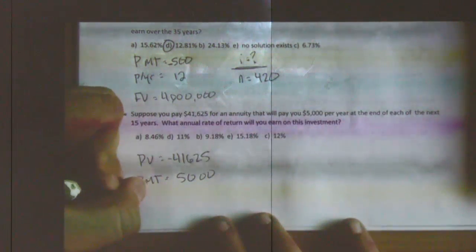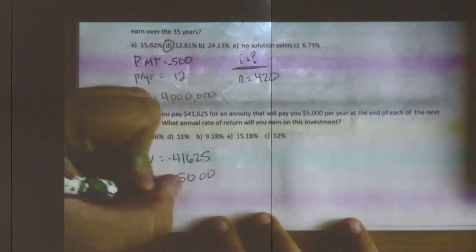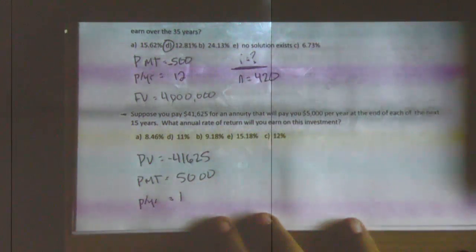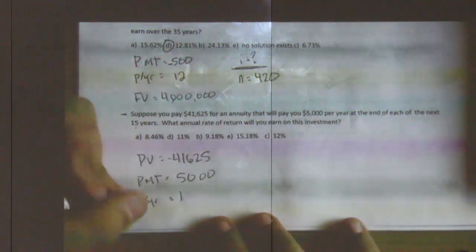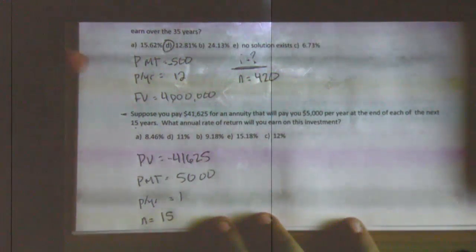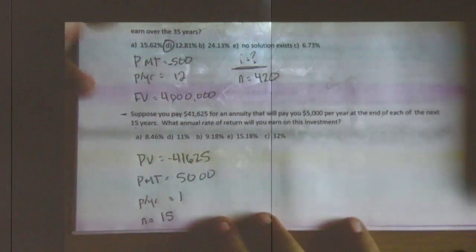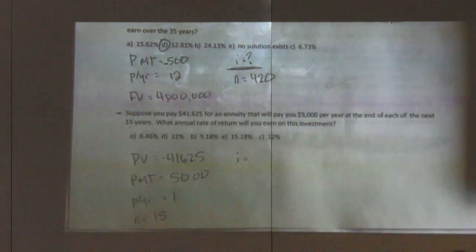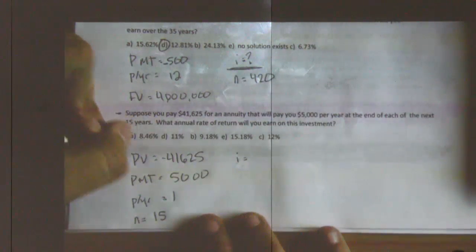So periods per year, we set it to 1. And your N, we have 15 years. N times 1 will be 15. And then you're solving for your interest rate. And your interest rate should be 846.